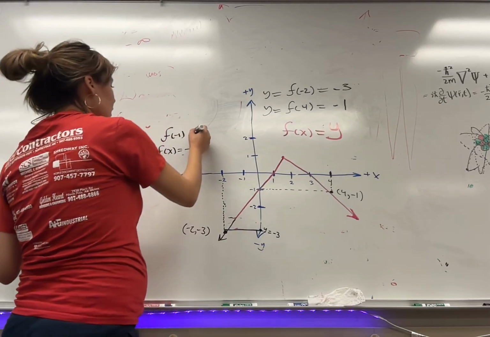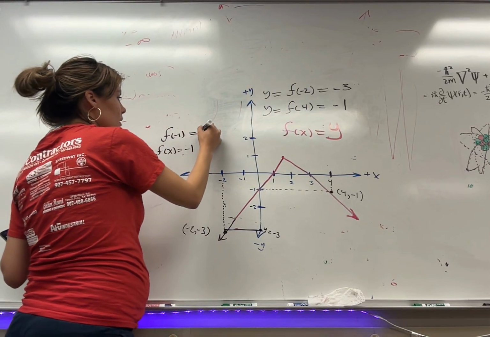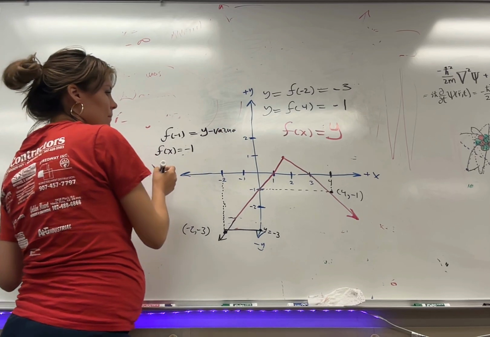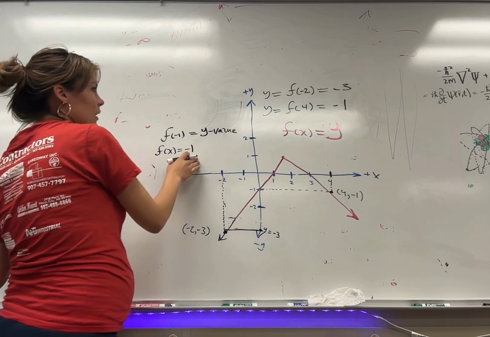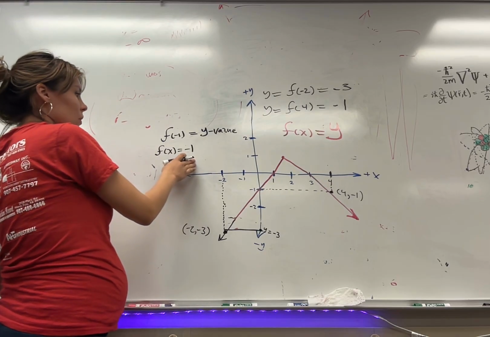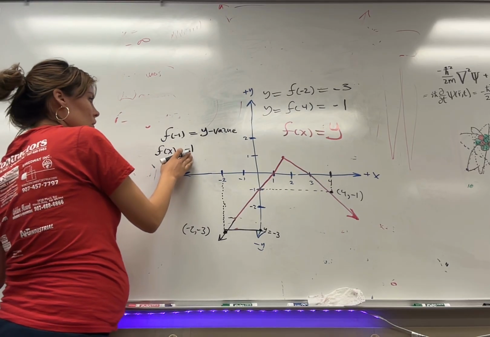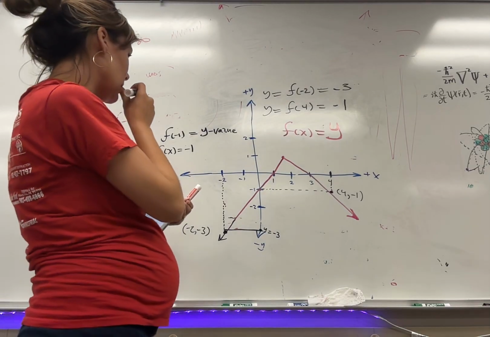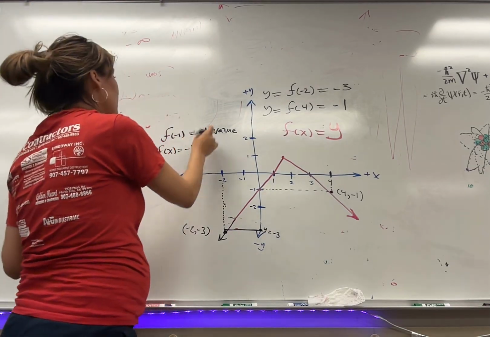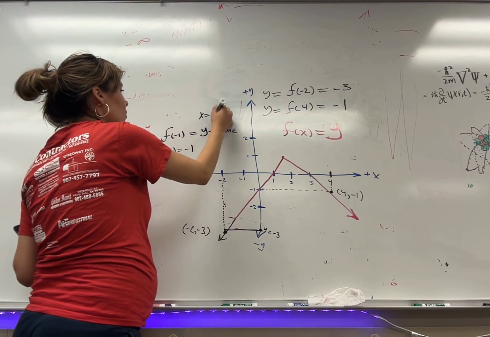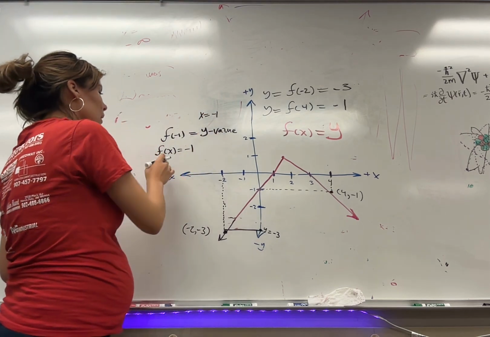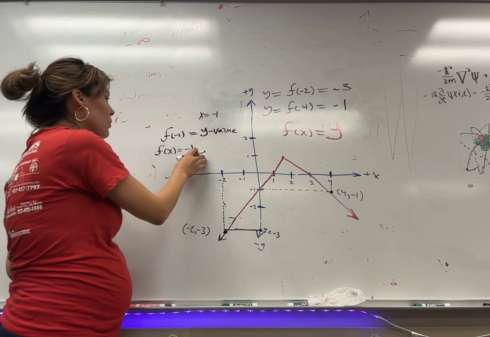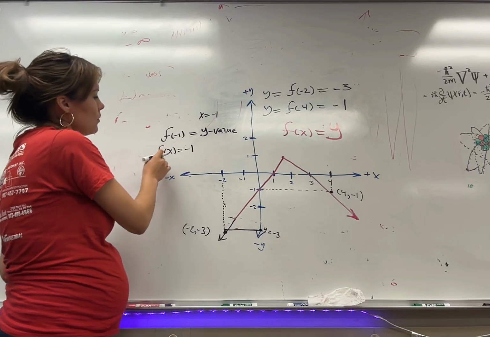So again, this f of negative 1 corresponds to a y value. And f of x equals negative 1 corresponds to, when x equals negative 1, what is the y value? And this asks you, when f of x equals negative 1, what is the x value?